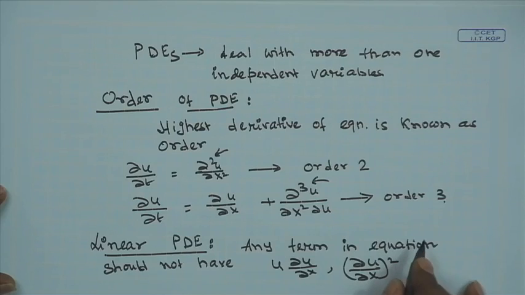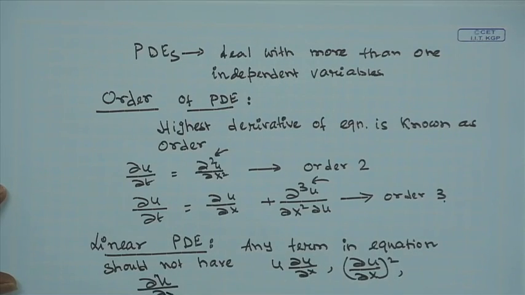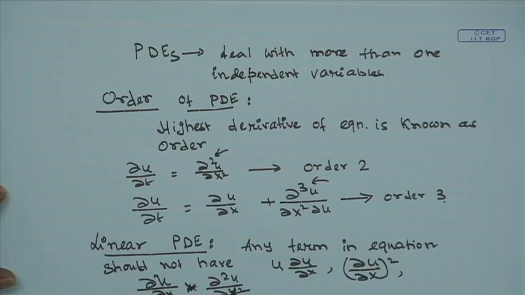Okay. So, del u del x multiplied by del square u del x square, or this times del square u del y square, or something like this.